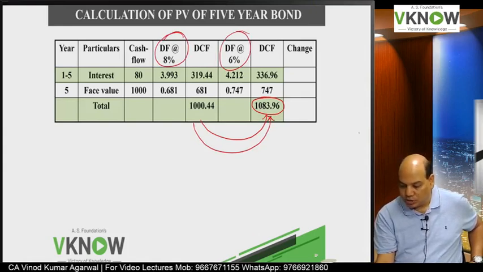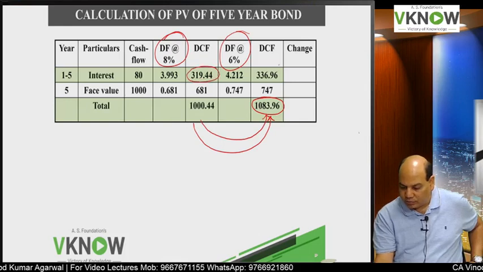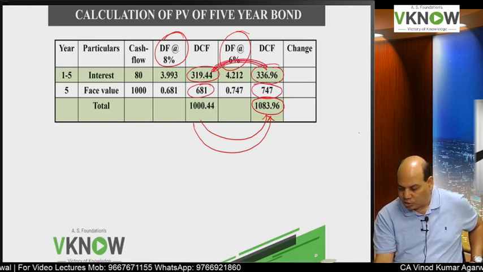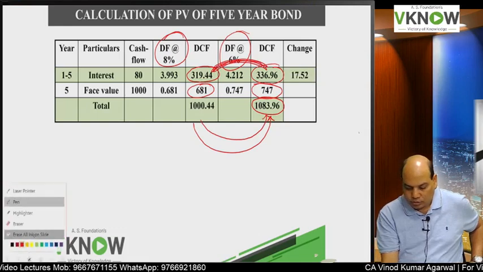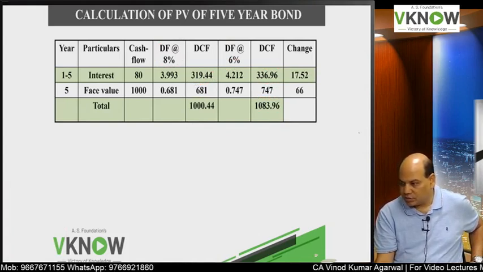Okay, now the question is, how much is due to change in interest and how much is due to change in face value? So take the difference between these two numbers and write in the change column. So it is 17.52 in the interest and 66 in the face value.